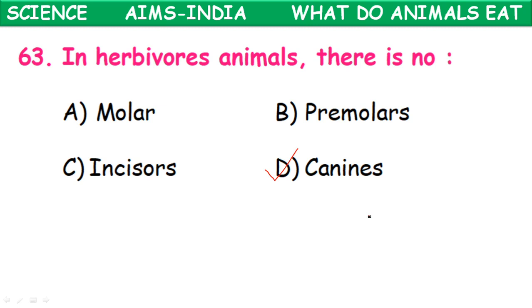In place of canines, there is a gap. If you take the jaw of these herbivorous animals, a lot of gap is present. This gap is due to the absence of canines, and it is called diastema. So canines are absent.